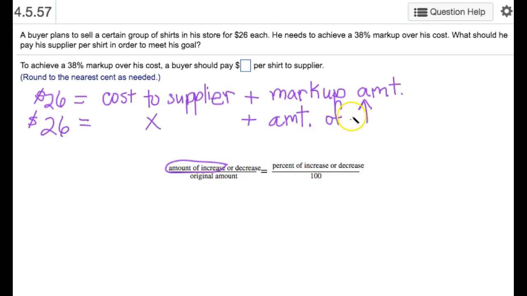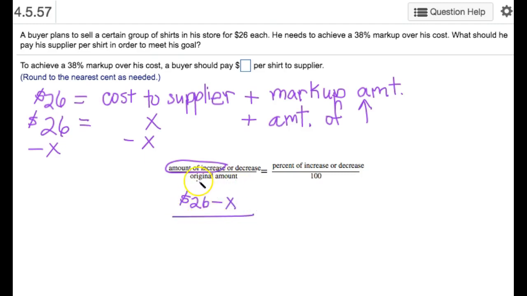So we subtract X from both sides, and the amount of the increase is really 26 minus X. That's what we're going to put in the numerator in the percent increase decrease formula.